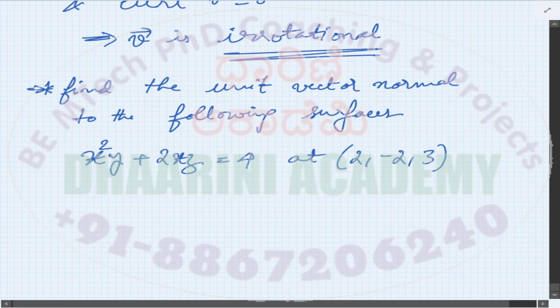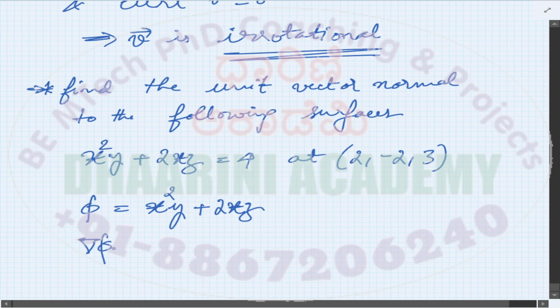Okay, so we will start with assigning phi. Phi is equal to x square y plus 2xz. Our intention is to find del phi first.